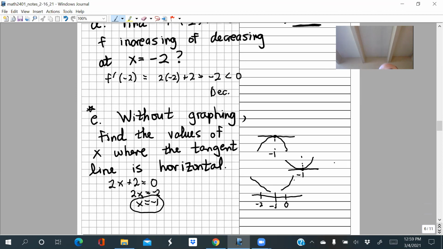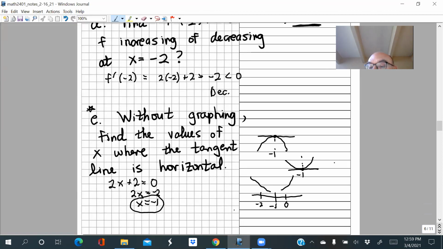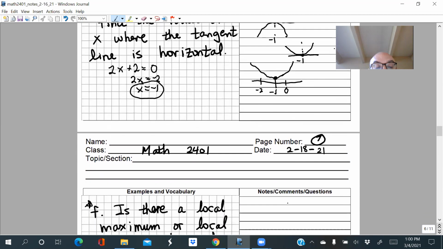If you switch from decreasing to increasing, the only choice is a minimum. You decrease until you hit your minimum, and then you start increasing again. So we know we have a local minimum there at -1.